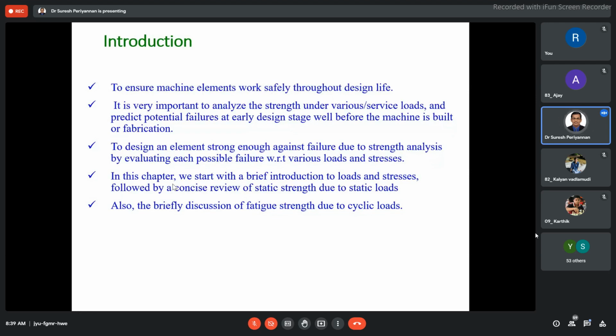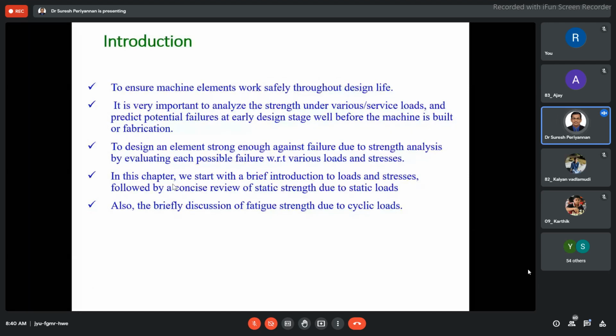By analyzing the strength of the element, each possible failure can be evaluated with respect to various loads and stresses.